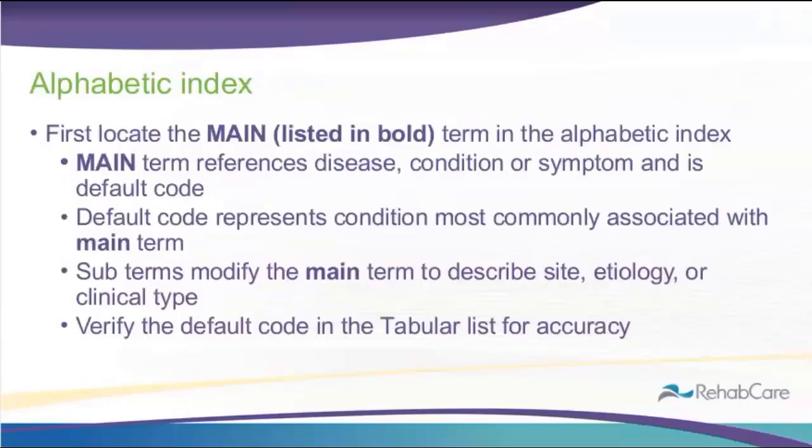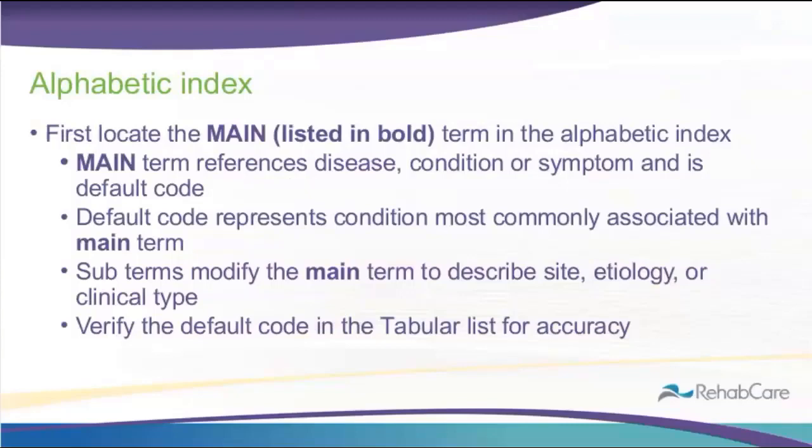So there are 21 chapters in the book, and they all have categories, subcategories, and then codes. So here's how you actually look a code up in the book. First, you go to the alphabetic index, and you locate the main term. I'll give some descriptions so you understand what the main term is. That's going to be listed in bold in the alphabetical index. It refers to the reference diseases, the condition or symptom, and is a default code. That default code represents a condition most commonly associated with that main term.